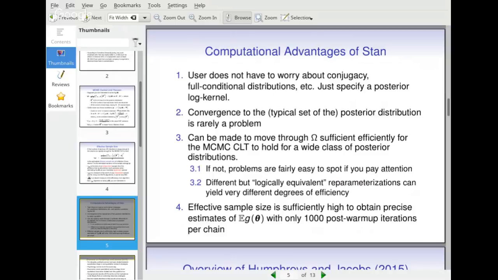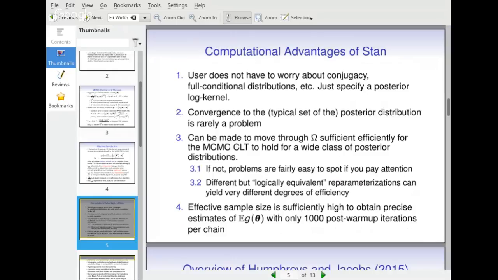In that circumstance, you might as well just do maximum likelihood. So the second advantage of Stan, particularly compared to Metropolis Hastings, is that the Markov chains done by Stan converge to the heart of the posterior distribution very quickly, especially compared to other algorithms.